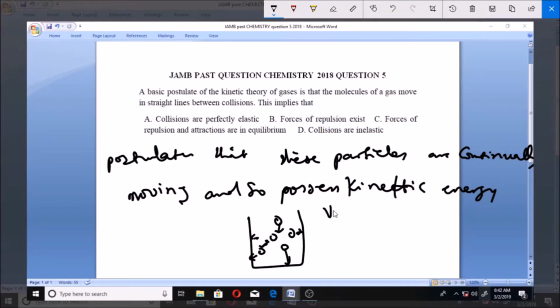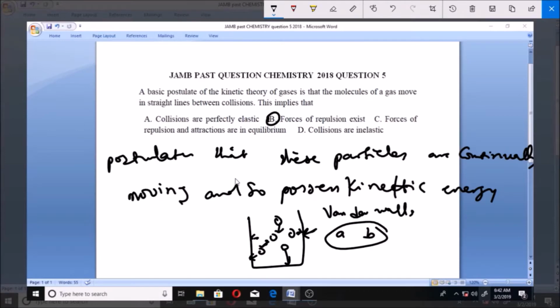If you check out things like the van der Waals equation for solving gas movement, you're going to find out that there is a correction due to volume and a correction due to force of repulsion, A and B. So all these point towards these forces of repulsion existing.